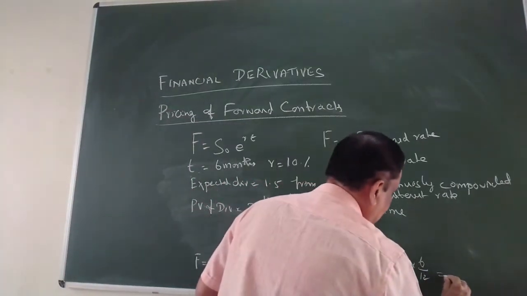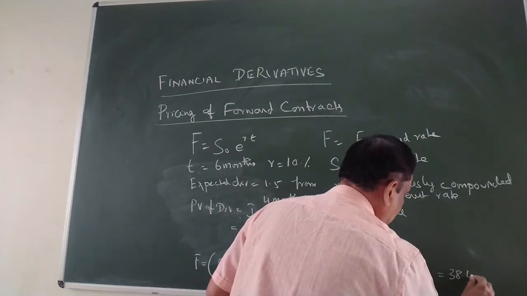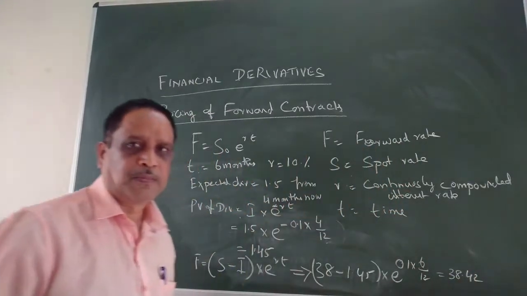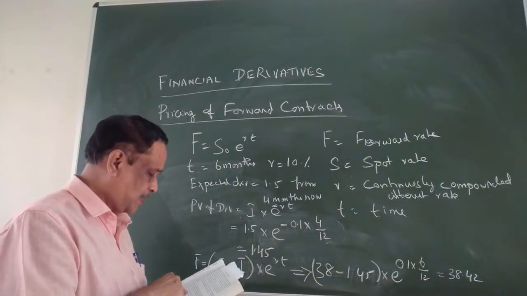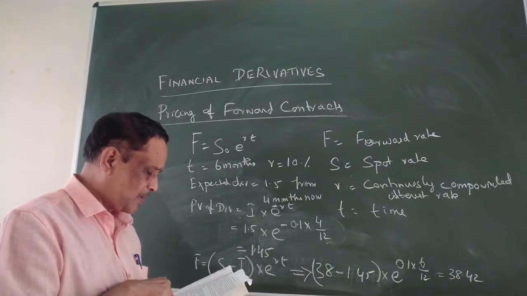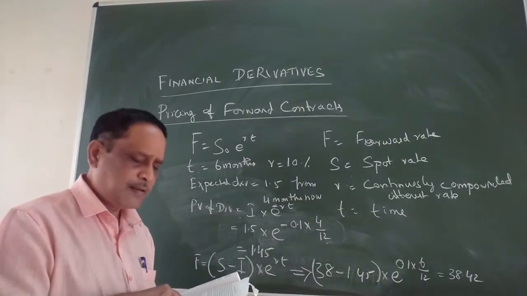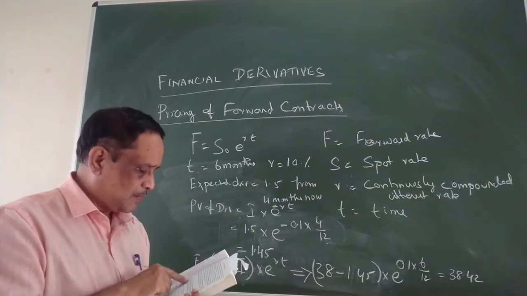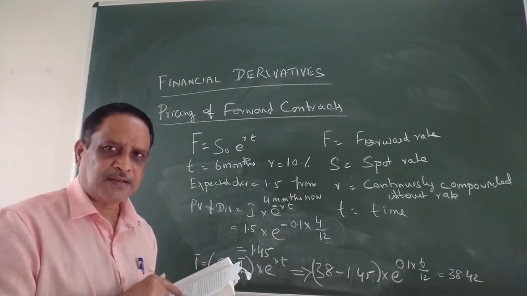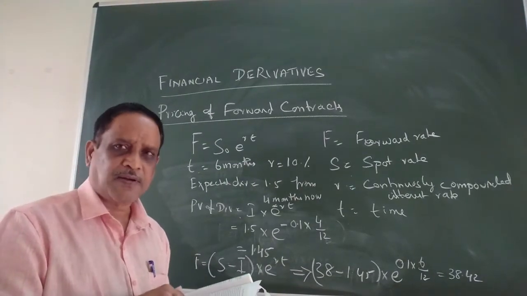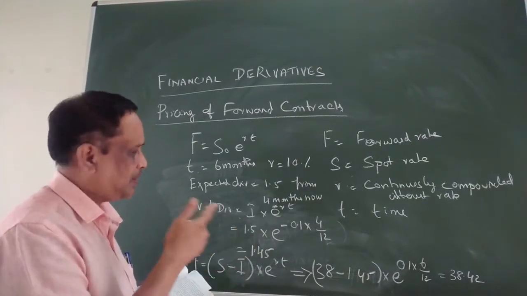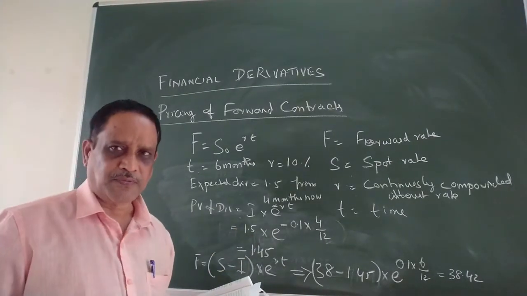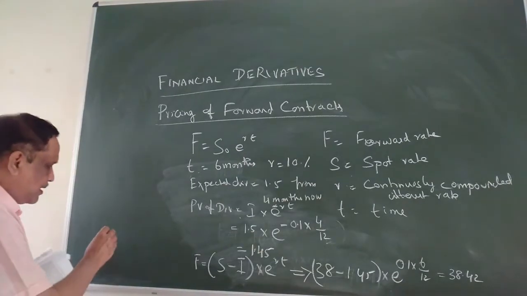So the forward rate will be 38.42. As the problem is given for 100 shares, since the market lot is 100 shares, finally we need to multiply this 38.42 by 100.